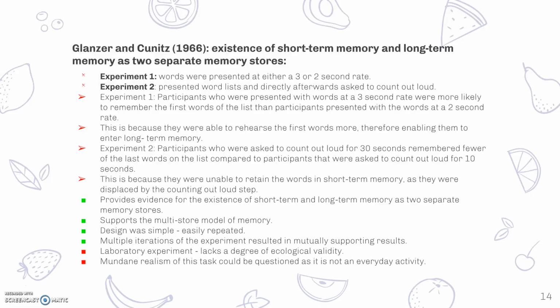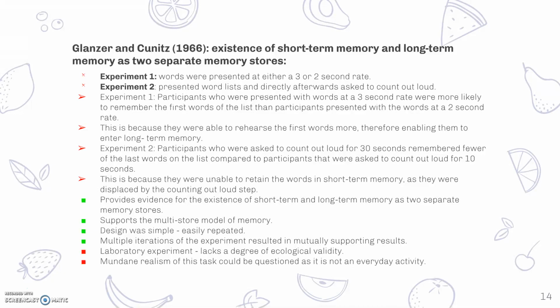Another empirical evidence used in support here is by Glanzer and Cunitz in 1966. They looked into the existence of short-term memory and long-term memory as 2 separate stores. So this is several experiments, and I'm going to talk about 2 of them. Experiment 1 consists of words presented at either a 3 or 2 second rate.